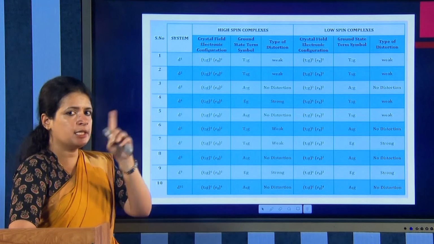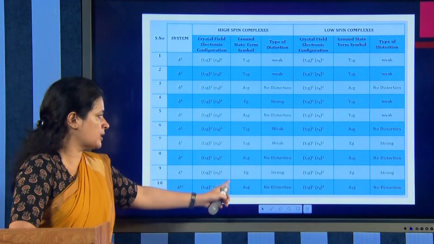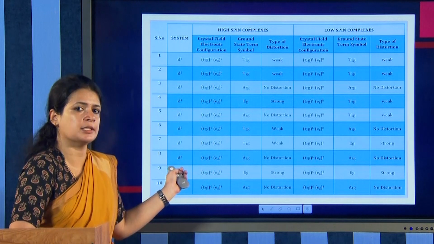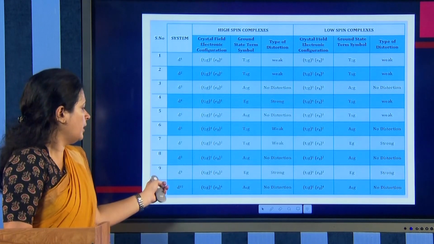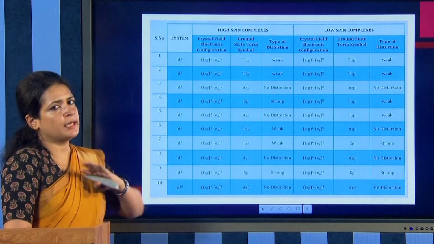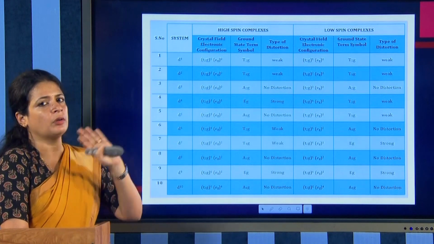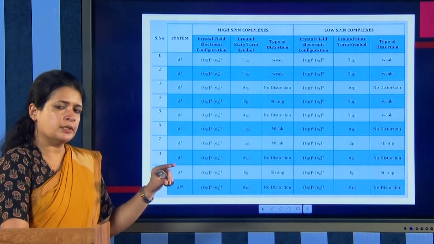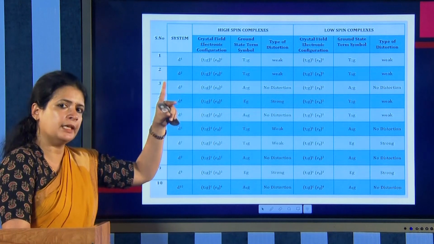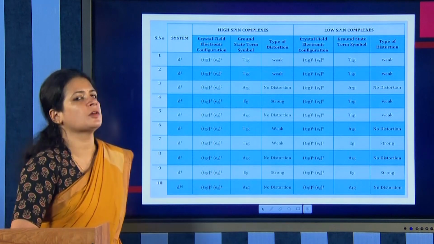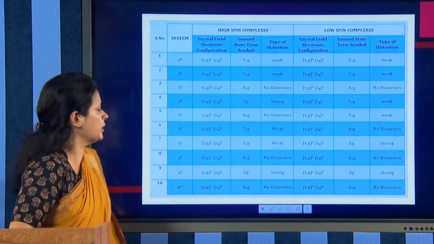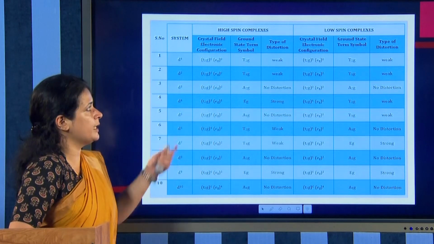When such a situation occurs, there will be a strong distortion in the case of the d9 system, which is very important. And now moving to the d10 system, there is a complete symmetric arrangement, 6 electrons in the t2g and 4 electrons in the eg orbital. So, there is no distortion in the case of the d10 high spin system.